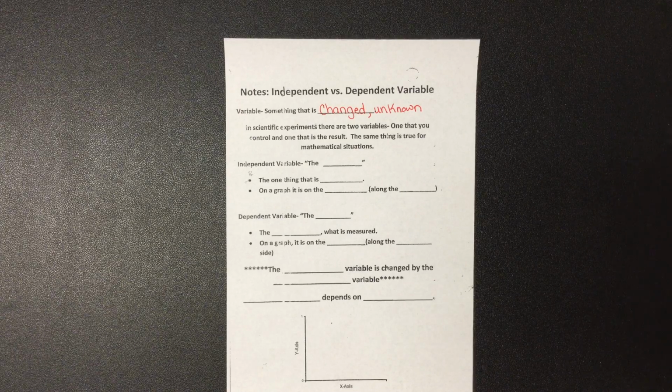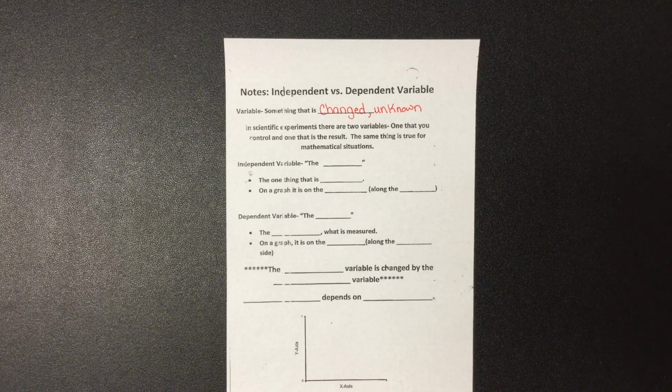This is going to go hand in hand with what you have done in science class. I know that when you do science, you do independent and dependent variables, correct? Yes, you may not realize that that's what they were, but that's what they are. All right, in scientific experiments, there are two variables.